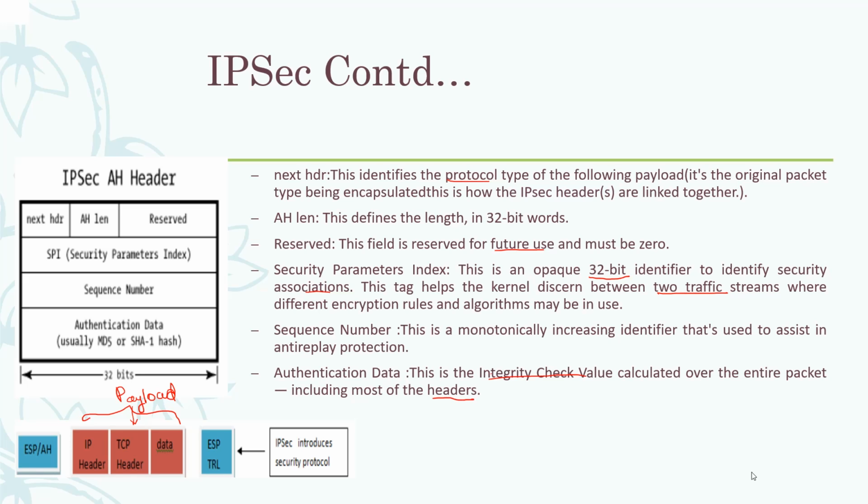So these are the fields of your AH header. So authentication can be done with the help of MD5 algorithm or SHA-1 algorithm. So this field might have the message digest or the hash value. So it is used for the authentication purpose.